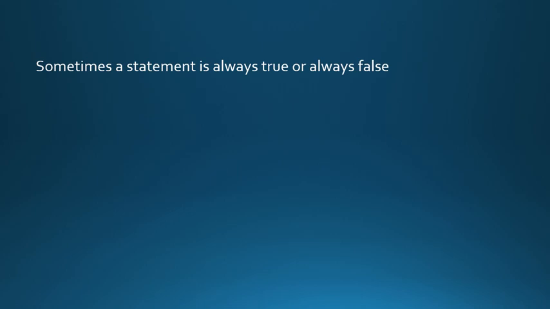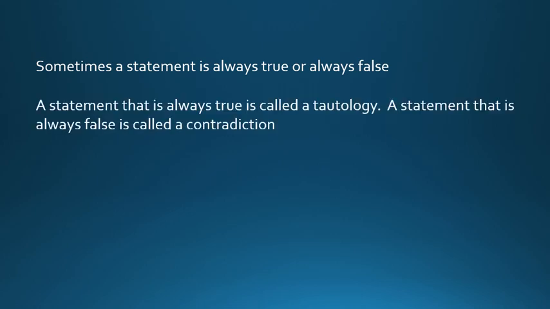If we have a statement that is always true no matter what the truth values of the components are, that logical statement or the logical form is called a tautology. If we have a logical form that is always false, regardless of the combinations of truth values of its components, that logical statement or form is referred to as a contradiction.